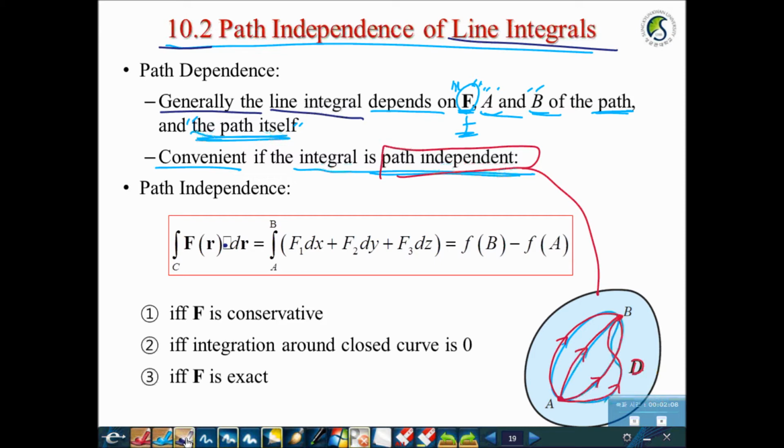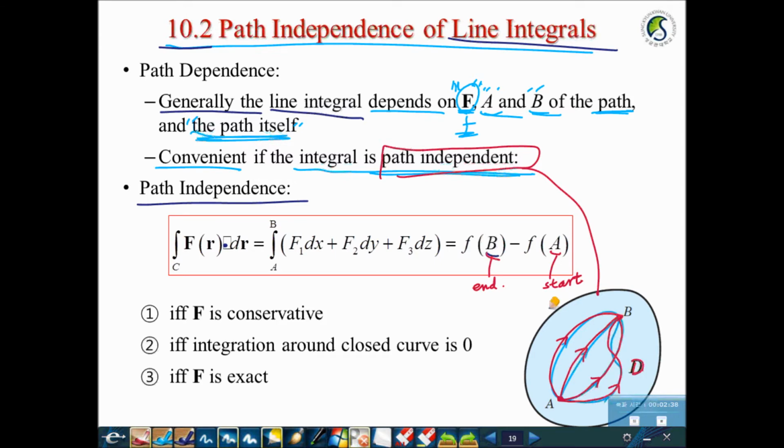And if it's path independent, the line integral, in component form, is this. This is the ending point, and this is the start. So a function of the ending point minus the same function of the starting point is the value of this integration.